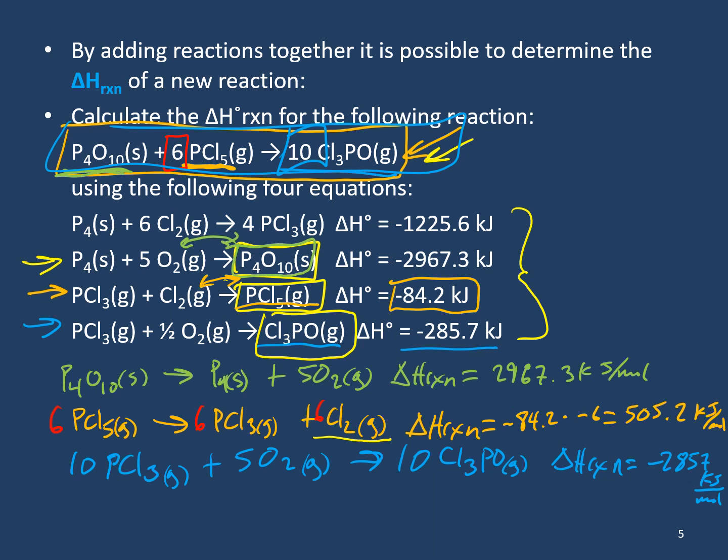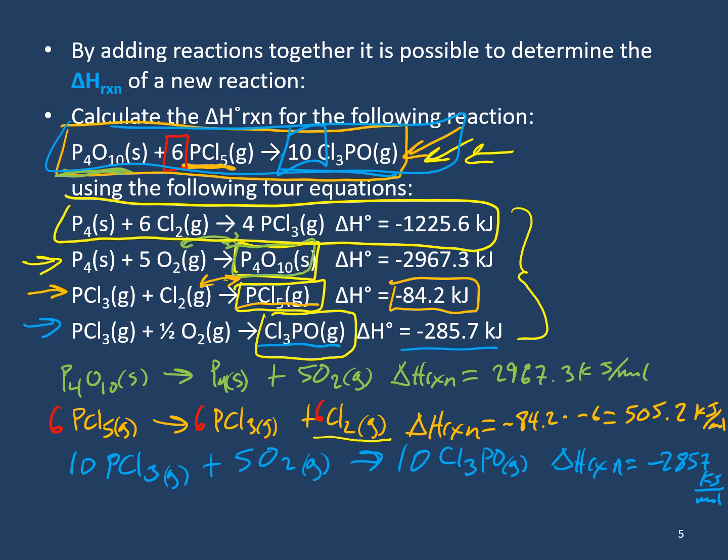So when we add these together, the Cl2 is going to stick in the overall, but we don't want it in the overall because there is no Cl2 in this reaction up top. So I need to use this equation here, the first one that we were given, to cancel out the terms that I don't want in my overall.